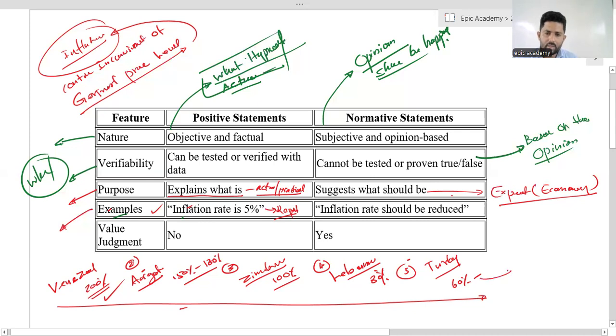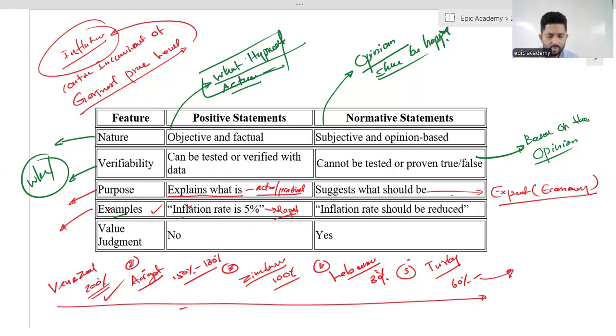But in the world, some countries represent lower inflation rates. Sri Lanka is also included in the lower inflation rate because it represents minus 0.8 inflation rate.